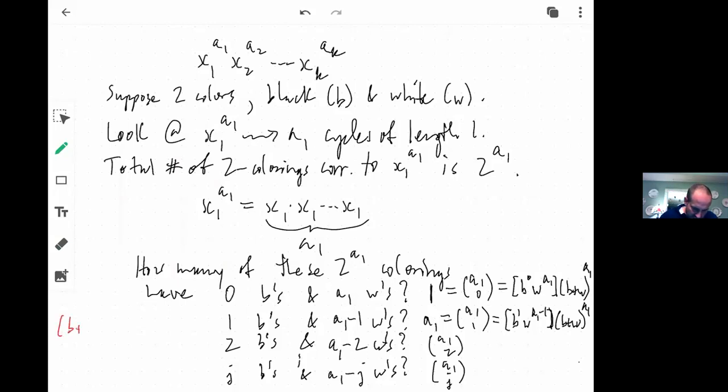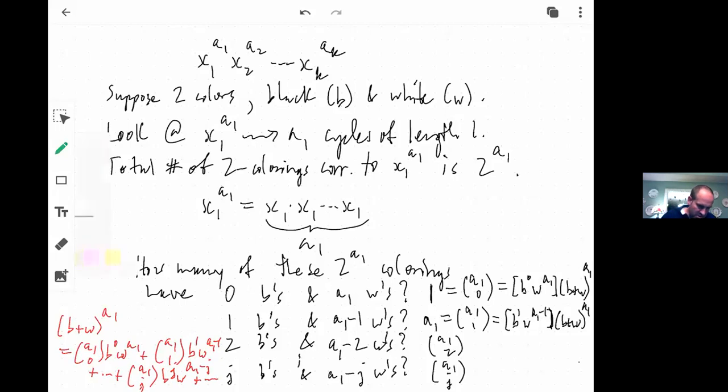If I take b plus w and I raise it to the a1, that's going to be a1 choose 0, b to the 0, w to the a1, plus a1 choose 1, b to the 1, w to the a1 minus 1, plus dot, dot, dot. The generic term is going to be a1 choose j, b to the j, w to the a1 minus j, plus etc.